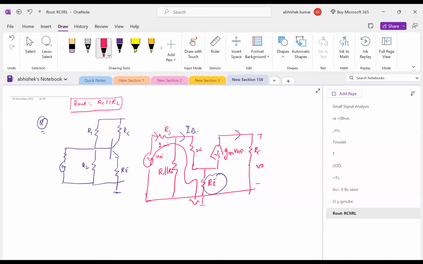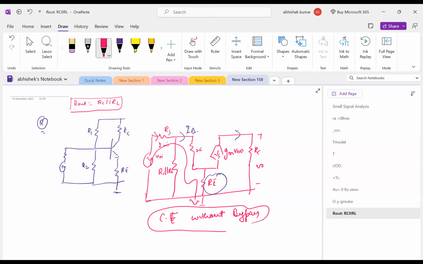This is common emitter, and we have two types of configuration: common emitter with bypass capacitor and common emitter without bypass capacitor. This is common emitter without bypass because we do not have a bypass capacitor.